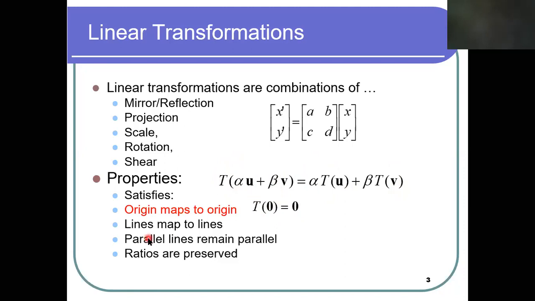In addition to that, lines map to lines, parallel lines remain parallel, and ratios are preserved. So in that case, dear students, we can say linear transformation is basically a transformation preserving some binary operations. Let us come up with some definitions and applications of linear transformation.